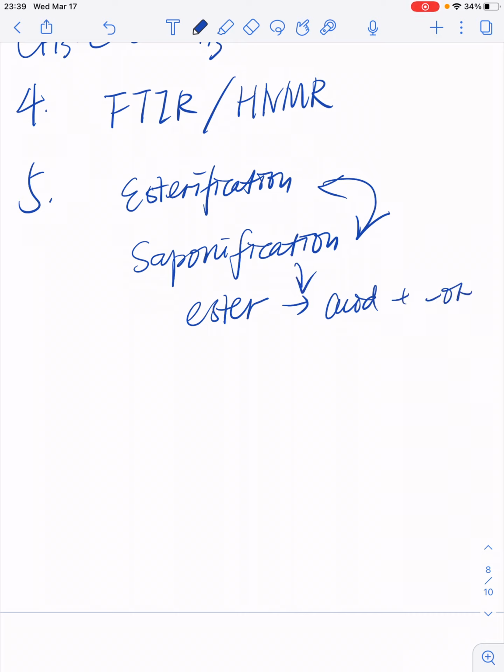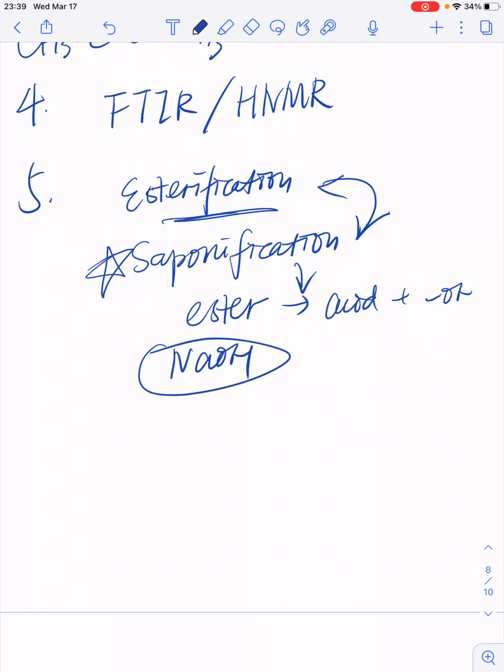Since I already walked you through the mechanism for esterification reaction, do you know how to write an equation or mechanism for a saponification reaction? Think about it and write it out, right? The reaction will happen using sodium hydroxide as a catalyst, okay? And that's a question from me.